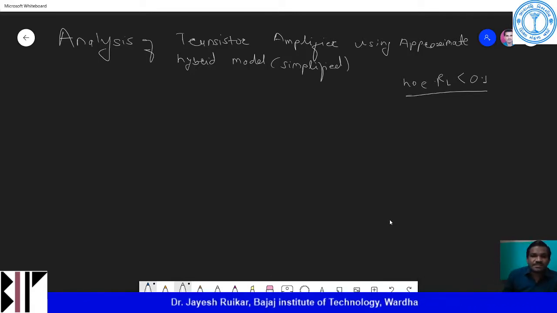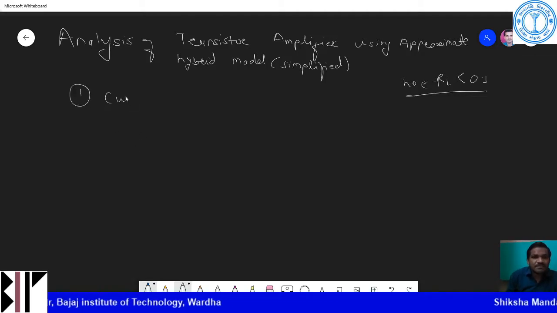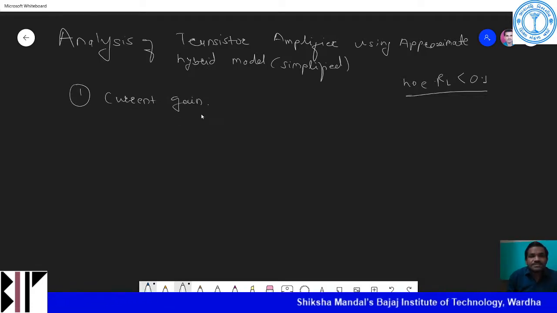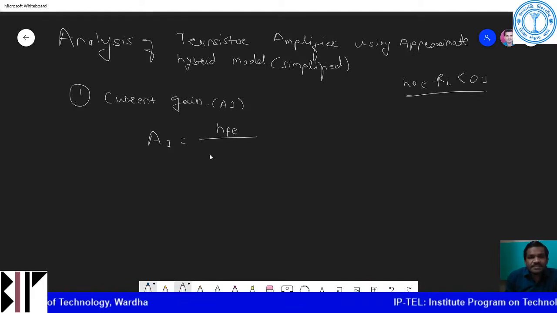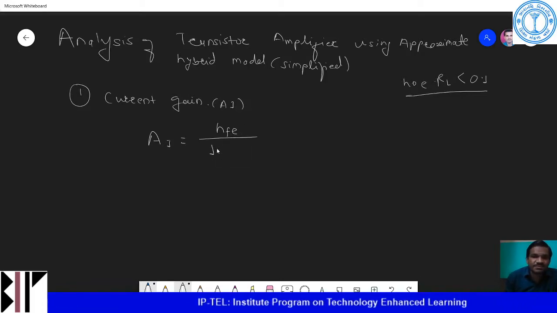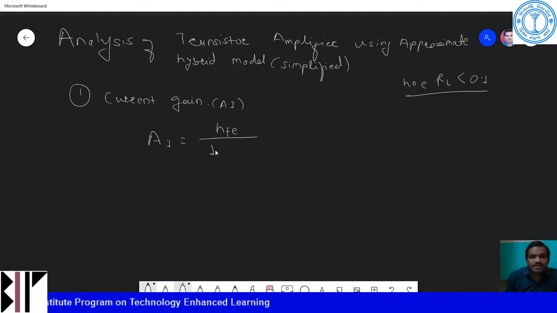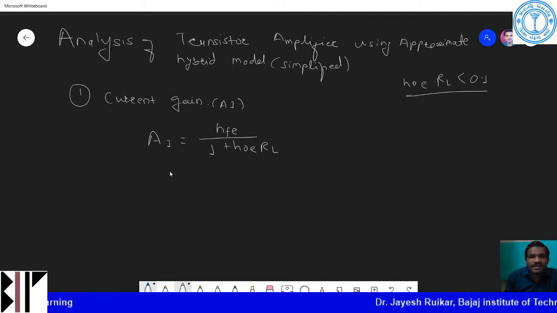The first parameter is your current gain, that is AI. We have seen that AI is HFE divided by 1 plus HOE into RL. I'm talking about the common emitter amplifier configuration, so I will substitute E here.